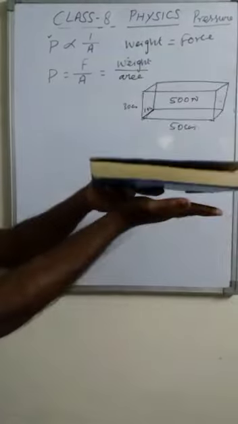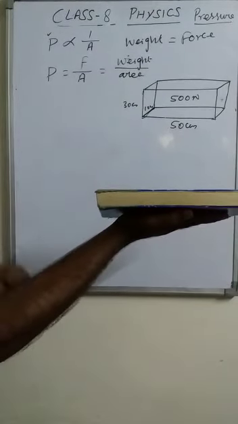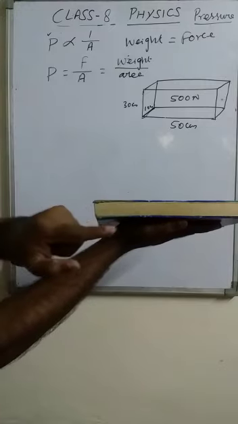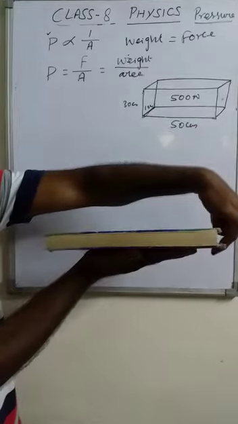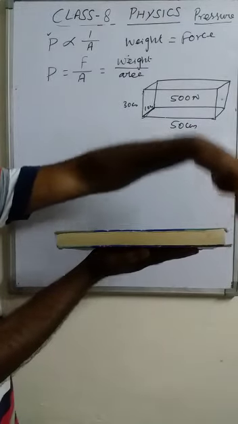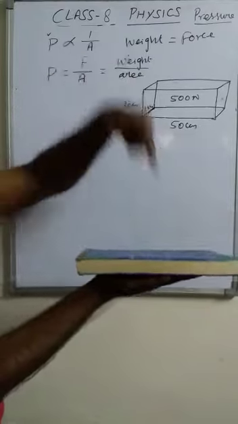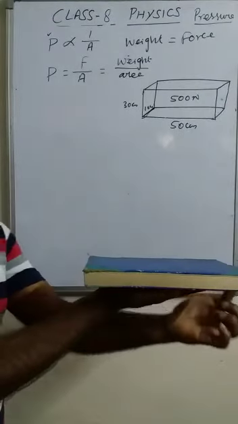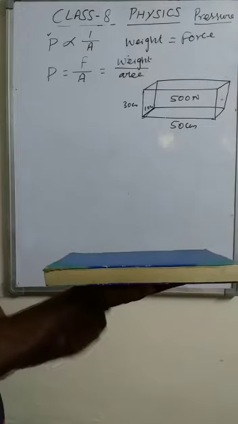If I put it like this, you see the dimensions in contact with the surface are the length and the breadth. Here this 500 Newton object applies force from this surface area, that is length and breadth.